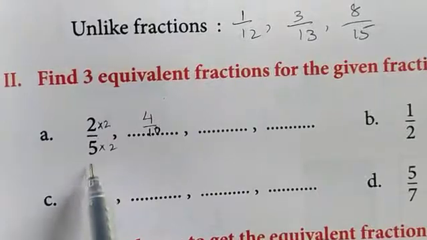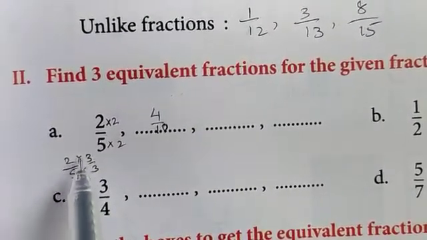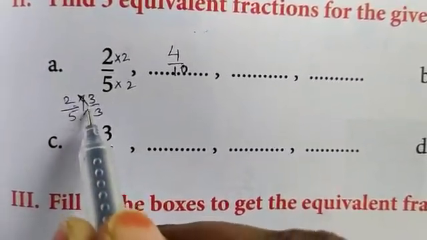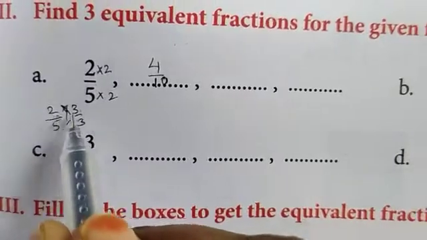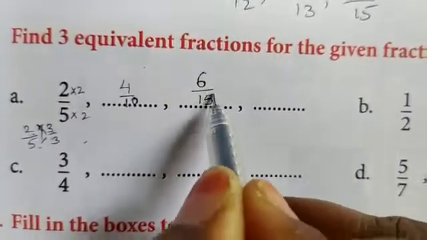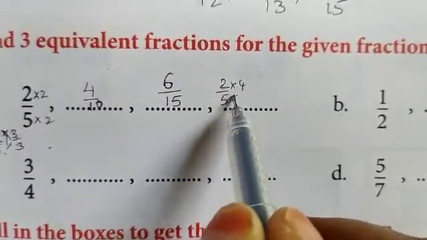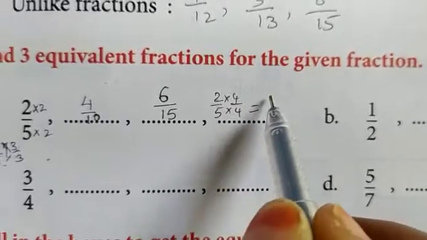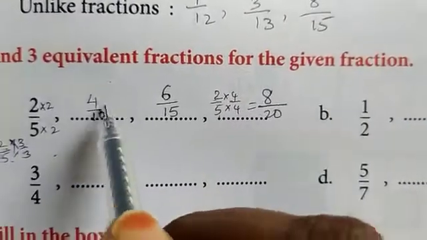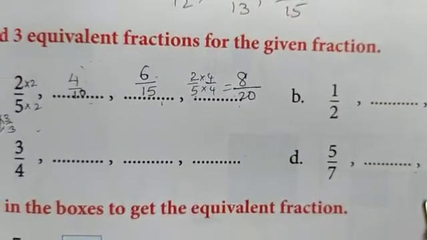Now when you multiply 2 by 5 with 3 by 3, what you will get? 2 3s are 6, 5 3s are 15. Okay, now 2 by 5 when you multiply with 4 by 4, what you will get? 2 4s are 8, 5 4s are 20. So 4 by 10, 6 by 15, 8 by 20 are equivalent fractions.